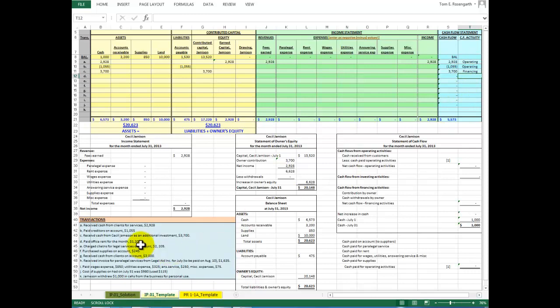Let's look at transaction D. Paid office rent for the month, $1,200. In this case, cash went down because amounts were paid, and the amount was for office rent. So let's move to the column that shows the expense office rent. In this case, we will enter a negative amount for expenses because expenses reduce net income and also reduce owner's earned capital.